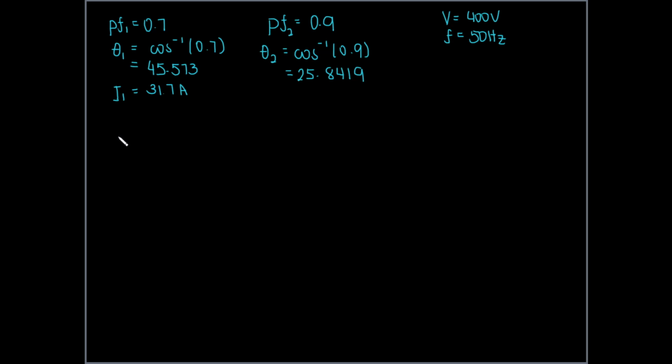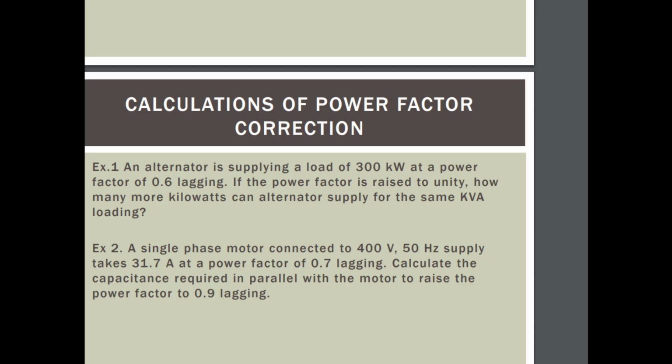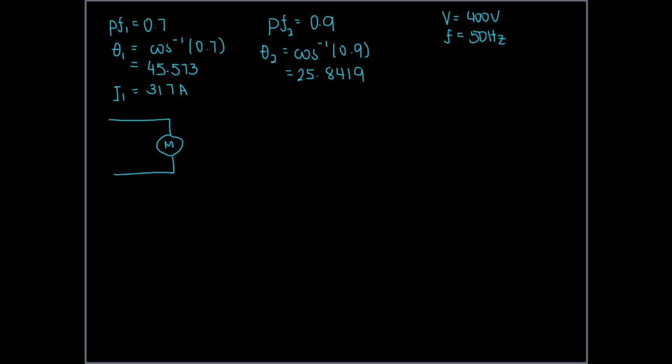So originally, we don't have a capacitor. So originally, this was our diagram. We have a motor being supplied by a 400 volt source. It's single phase, I believe. Is it? Yes, it's a single phase motor. So 400 volts and 45.573 angle.